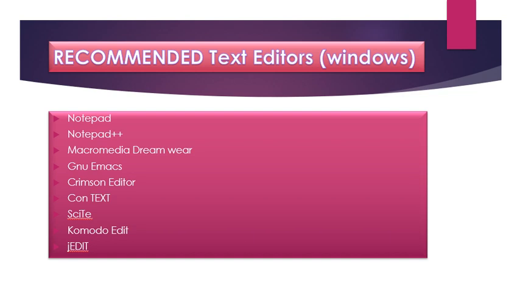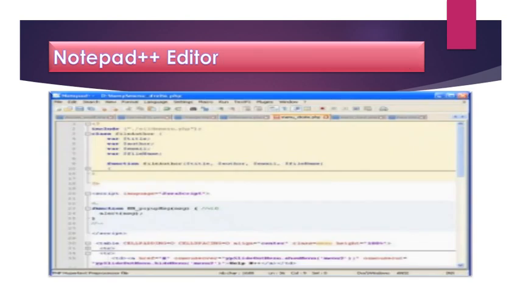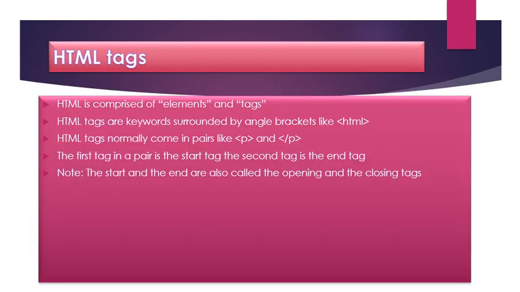We have Notepad, Notepad++, Macromedia Dreamweaver, GNU Emacs, and Crimson Editor. Those are the text editors that we use in HTML. This is the Notepad++ editor, and that is the coding inside it.